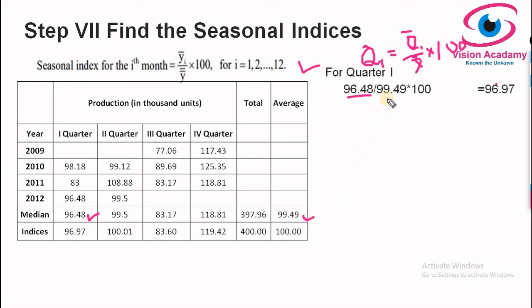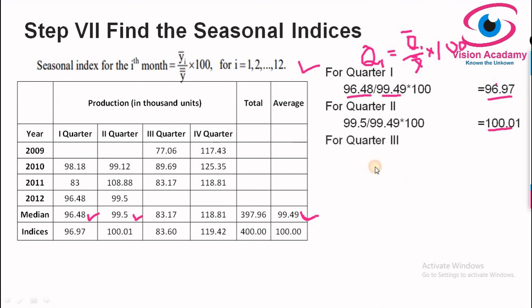So 96.48 by 99.49 into 100 gives the seasonal index 96.97 for the first quarter. For the second quarter, 99.5 is the second quarter median, and 99.49 is the grand mean, into 100. The second quarter seasonal index is 100.01.